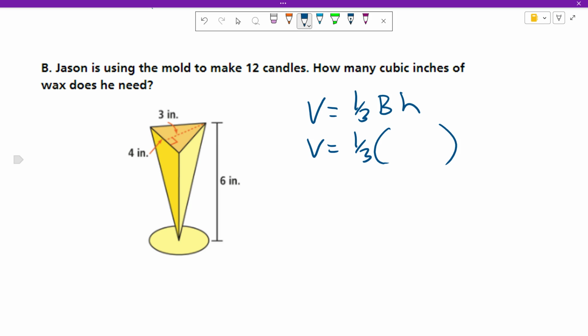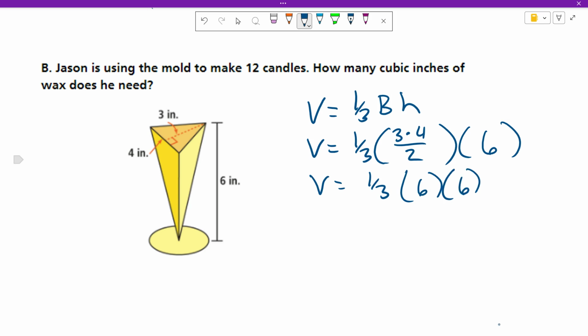So it's 3, the height, times 4 divided by 2. 3 times 4 divided by 2. Okay? And then you take it times 6. So the volume is 1/3 of 3 times 4 is 12 divided by 2 is 6 times 6. 1/3 of 6 is 2 times 6.